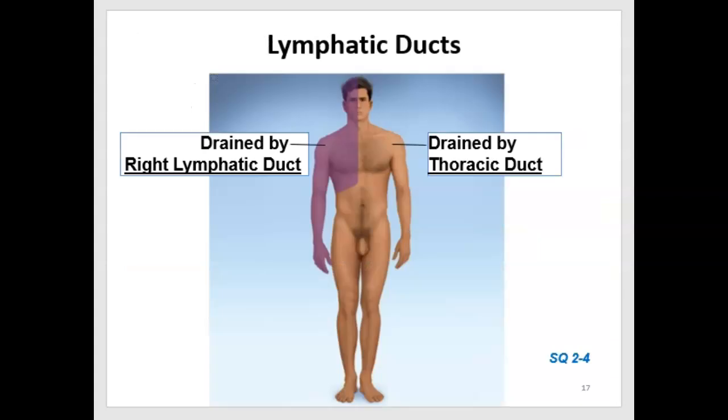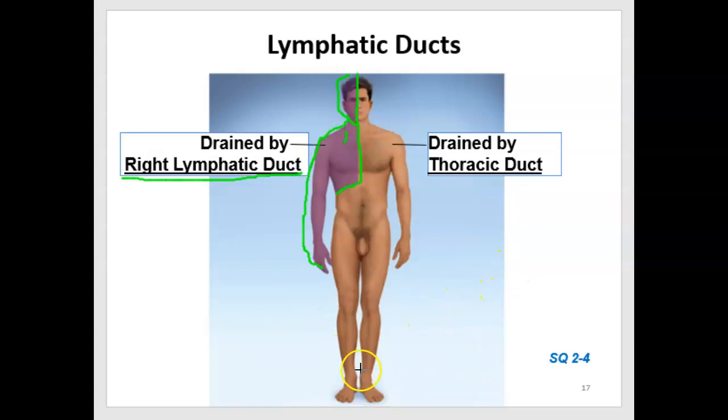Now let's look at, without tracing every single vessel, the end result of where lymphatic fluid comes from and which duct it enters. It turns out that all the interstitial fluid or lymphatic fluid from the right torso, thoracic region, the right arm and hand, the right neck, shoulder, and head, and back, of course, will enter the right lymphatic duct and therefore the right subclavian vein.